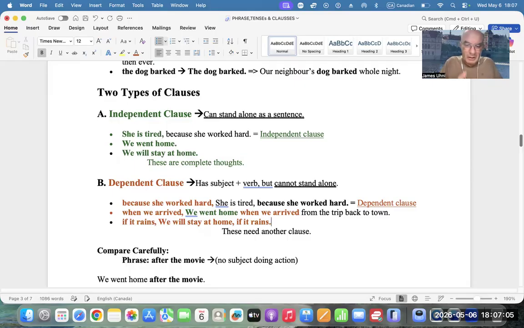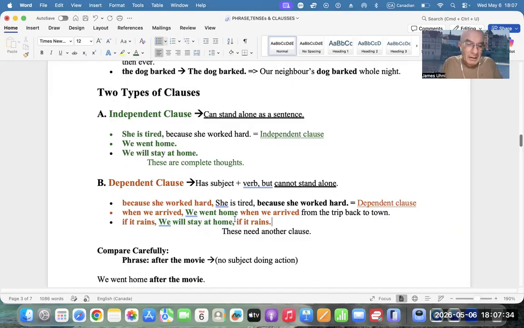Now, I didn't forget anything. I purposely missed one thing that I will explain immediately. We will stay at home is an independent clause. It can stand on its own. If it rains is a dependent clause, right?